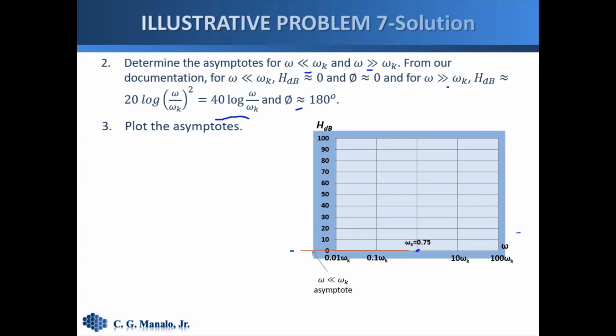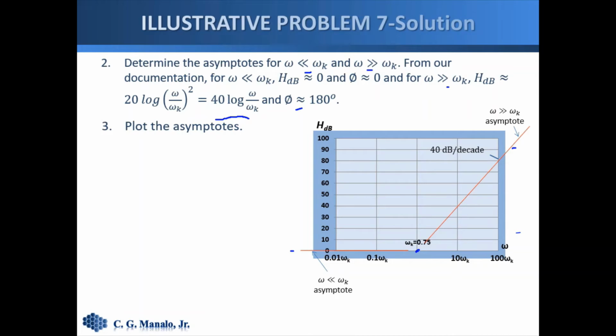So HdB is 0 for omega much greater than omega k. It looks like this one. It is a line with a positive 40 dB per decade slope, and it passes at omega equals omega k with a value of 0.